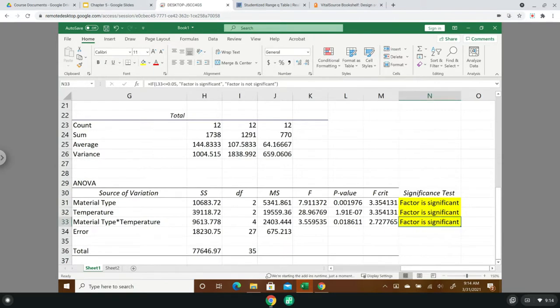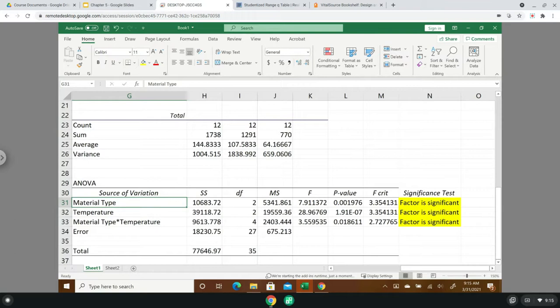So while performing the Tukey test to do the pairwise comparison of different material types, because the interaction is significant, it can interfere with our Tukey test. So one way to stop the interaction effect interfering with our Tukey test is that we can perform the Tukey test for material type as well as for the differences between temperatures. But right now I am talking about the Tukey test for material type.